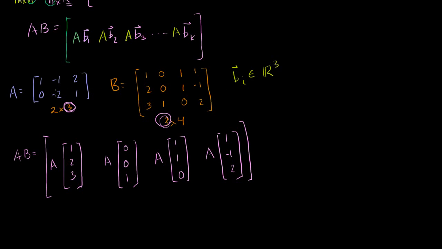So we only have matrix vector products well defined when the number of columns in your matrix is equivalent to the dimensionality of your vectors. That's why that number and that number have to be the same.